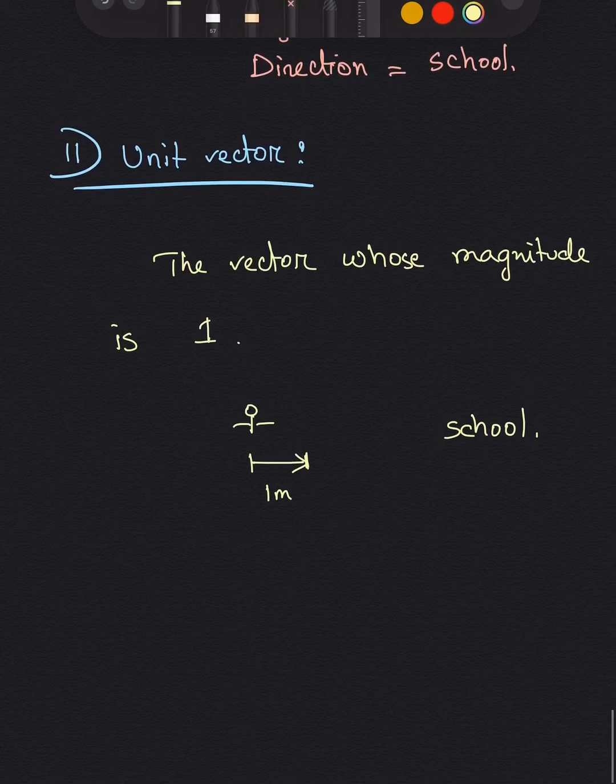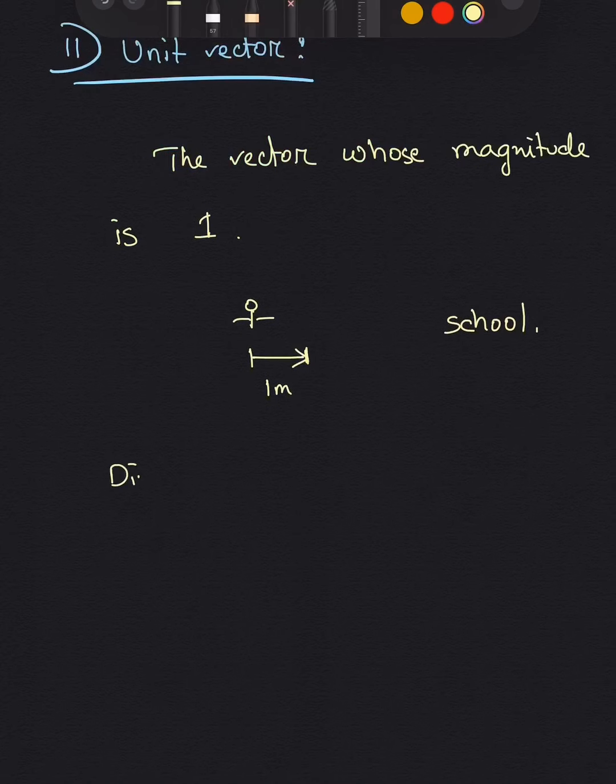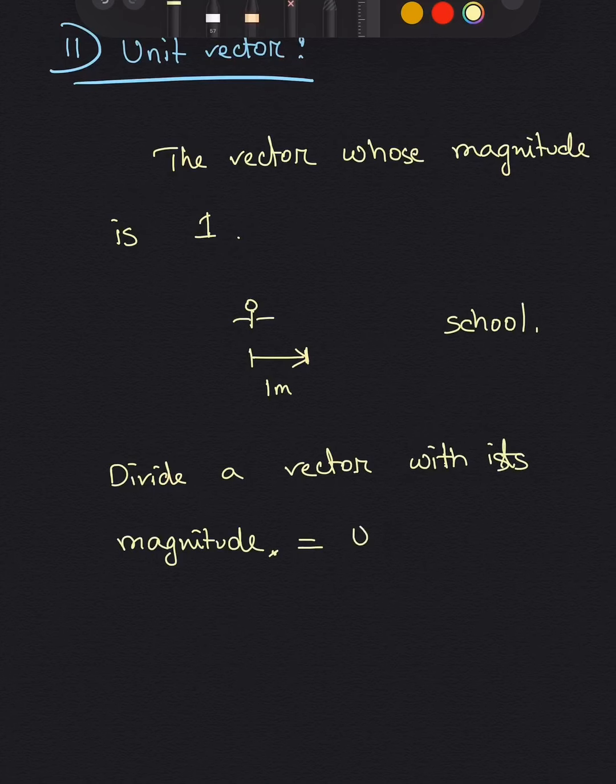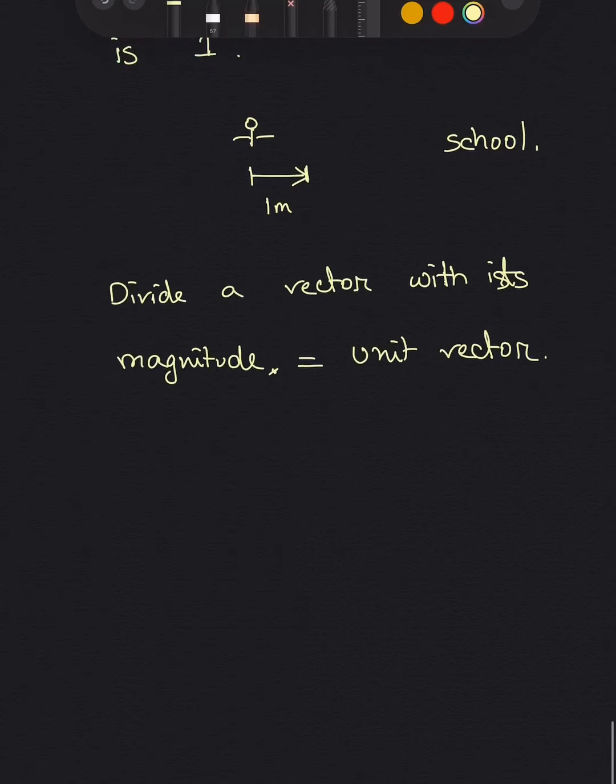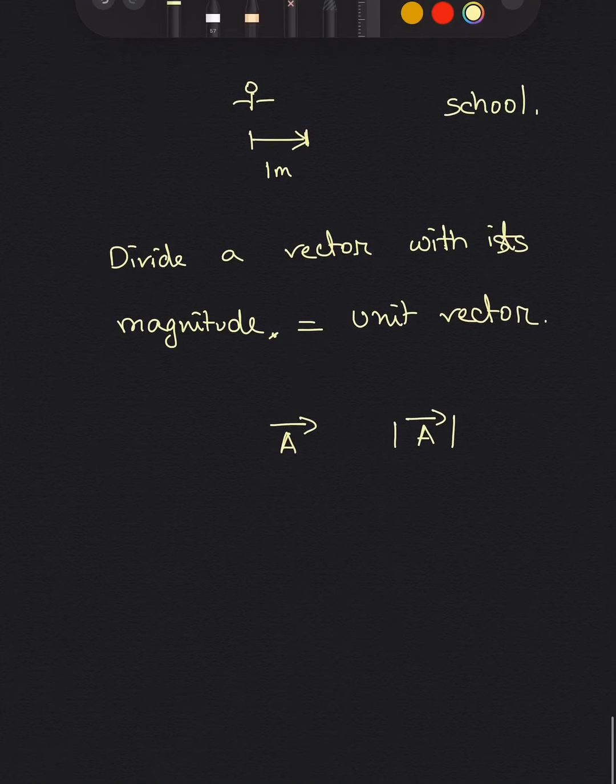Again, if you divide a vector by its magnitude, you will get the unit vector. Suppose your vector is A and the magnitude of A vector is A modulus, then the unit vector is A divided by A modulus, which we write as A cap. This is your unit vector.